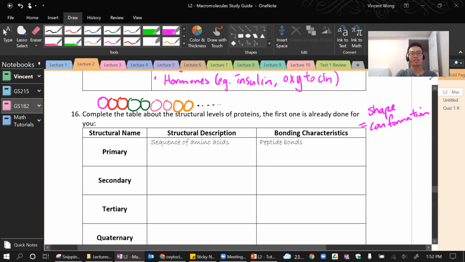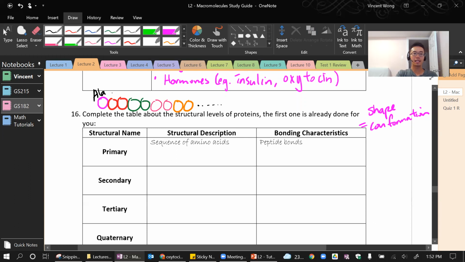A bunch of amino acids together like that. If I read that order, pink, red, red, green, green, more pink, and then orange, orange, that order is called the amino acid sequence, the primary structure of that polypeptide.